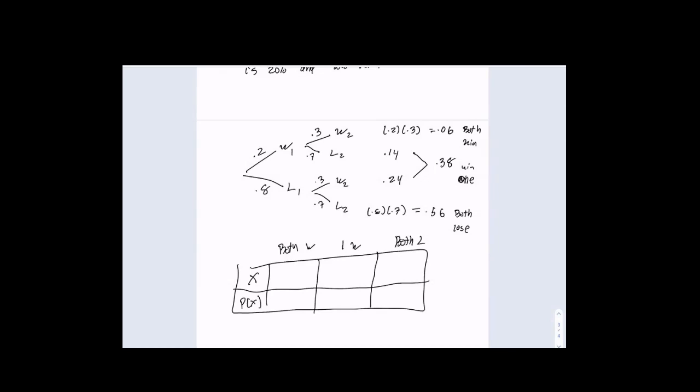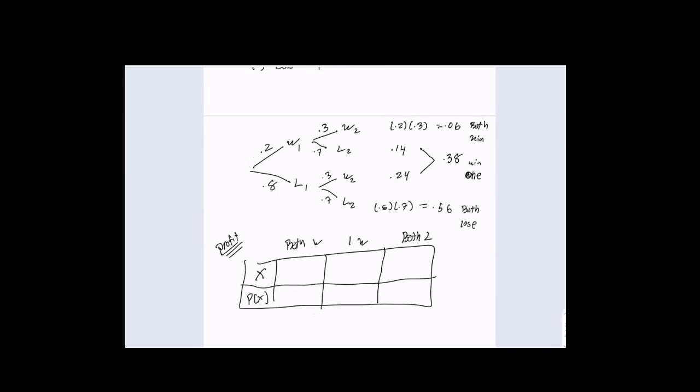We want to actually talk about profit here. So what is the profit from winning both races? He can sell the horse for $100,000 if he wins both of them, but it cost him $20,000 to buy the horse.